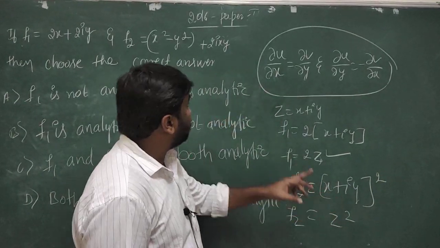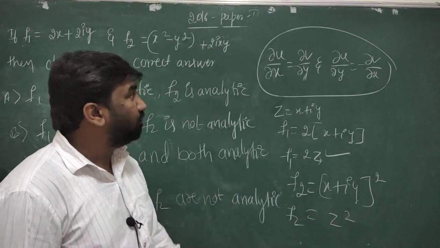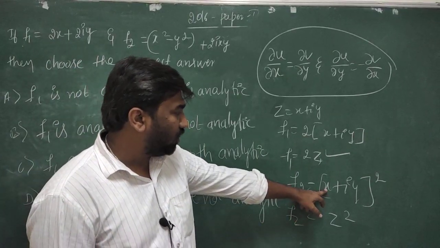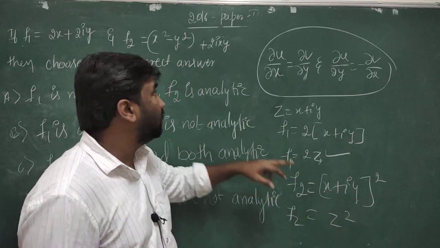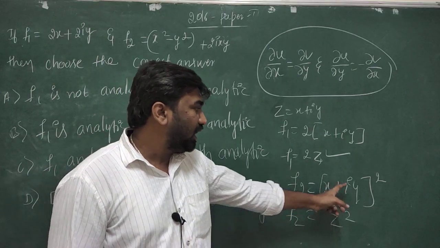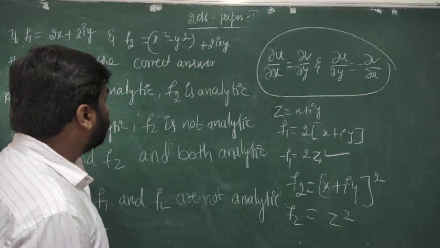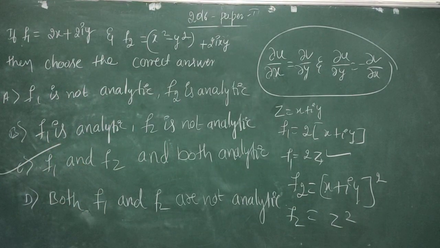So this function is also possible to write in terms of z, so f2 is also analytic, right? Because a square means x square, b square means i square y square, i square is minus 1, so minus y square plus 2ab, 2 into x into iy. Okay, so therefore both f1 and f2 are analytic.